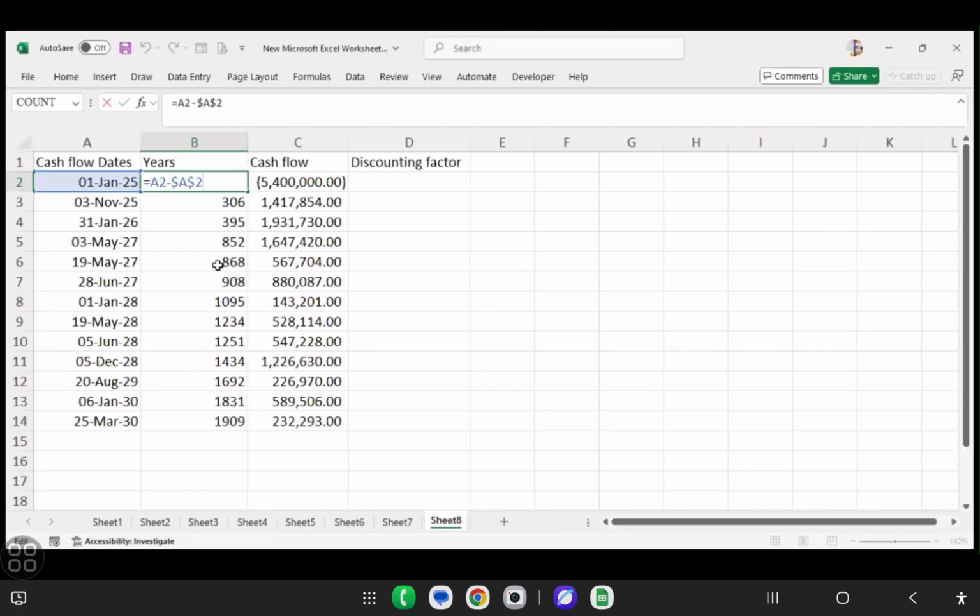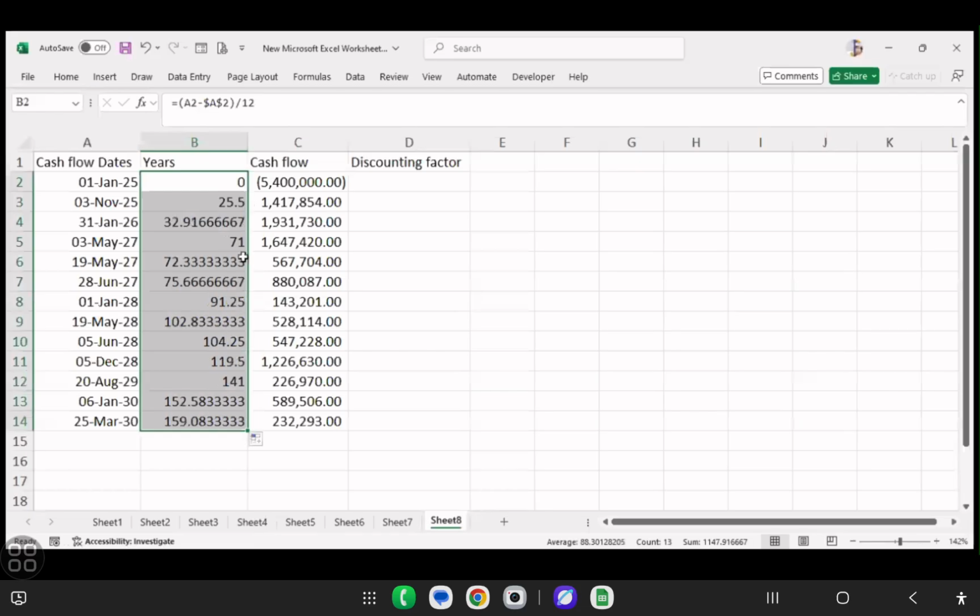Then I think I need to divide by 12 to know how many years. I want to make it as clear as possible. Good. These are my years.